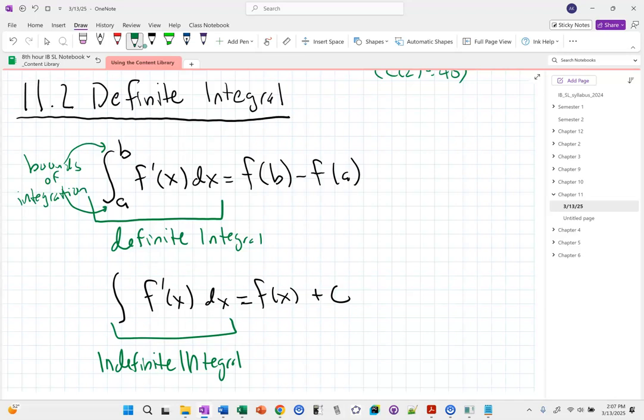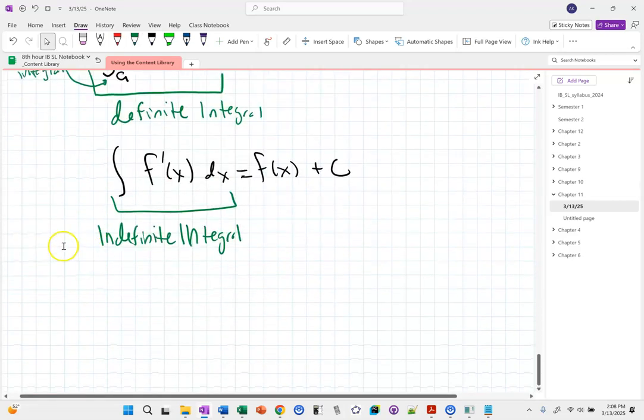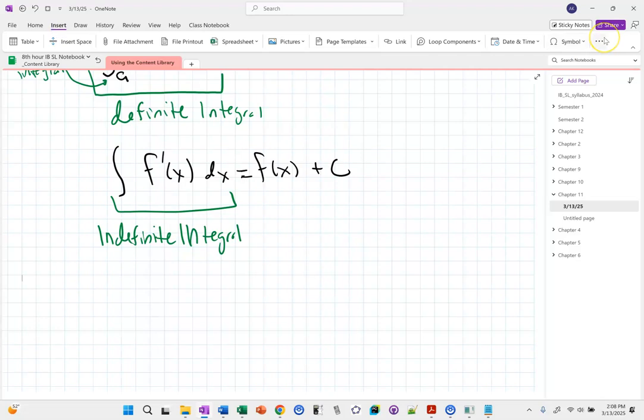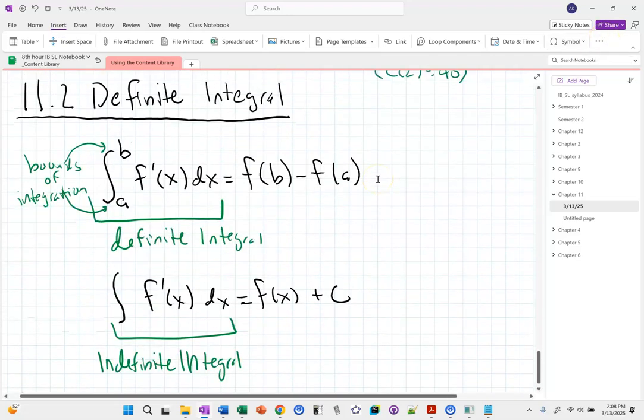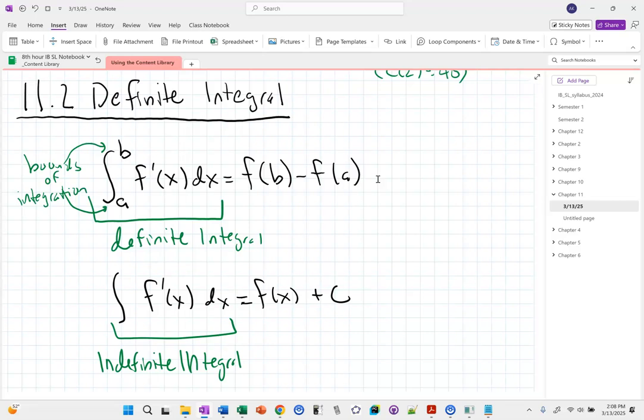I know that's shocking to everyone involved. So let's look at how we do this in practice. When there are bounds on the integral, that's a definite integral.